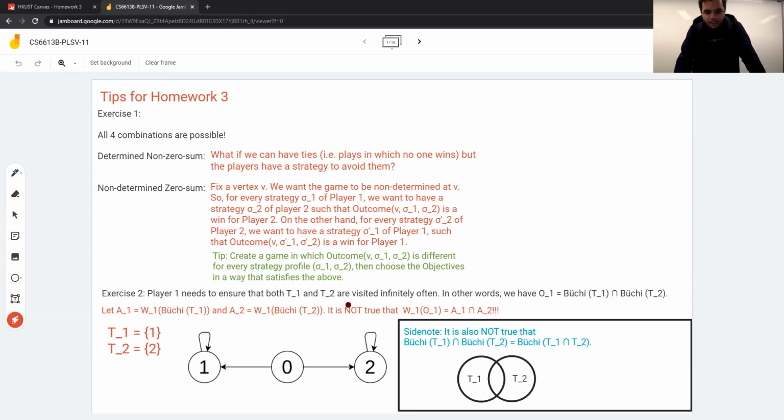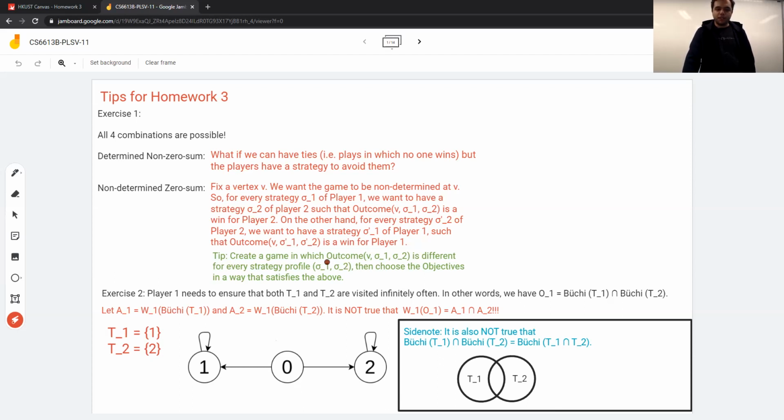But here's the thing. When you are designing the arena and the outcomes, you can actually do this thinking about the strategies. So here's another tip. Create a game such that the outcome starting at a given vertex V is different whenever someone changes their strategy.